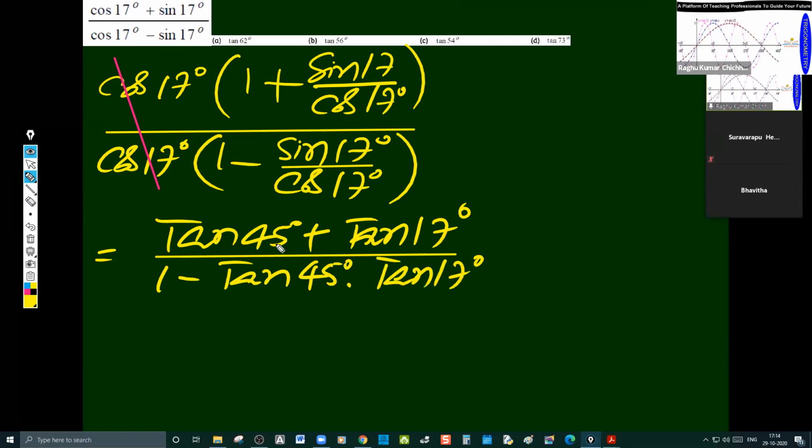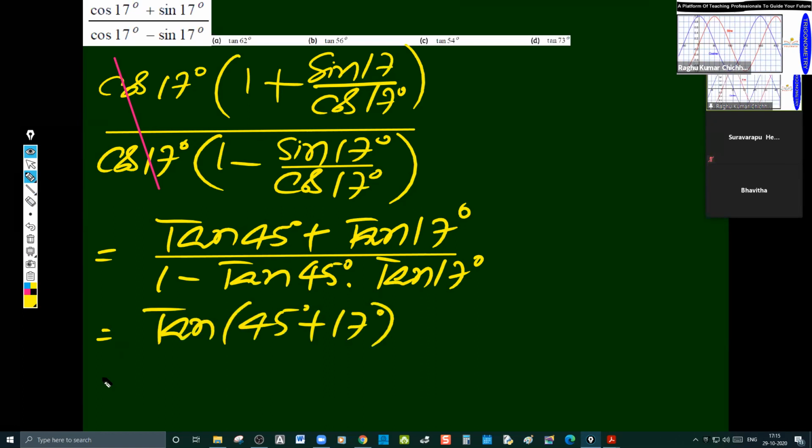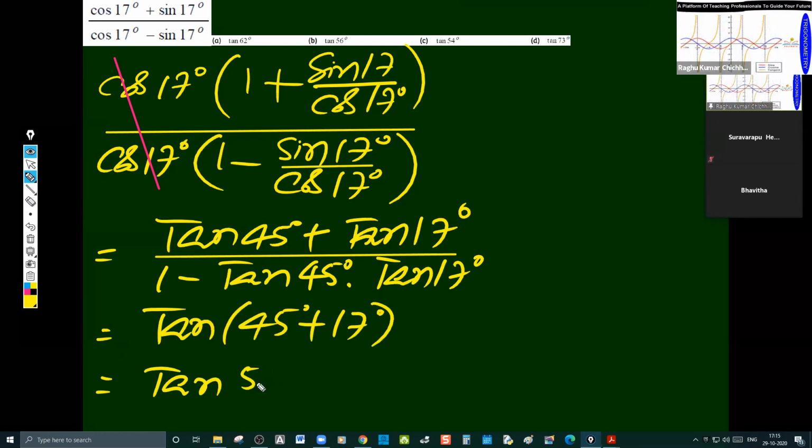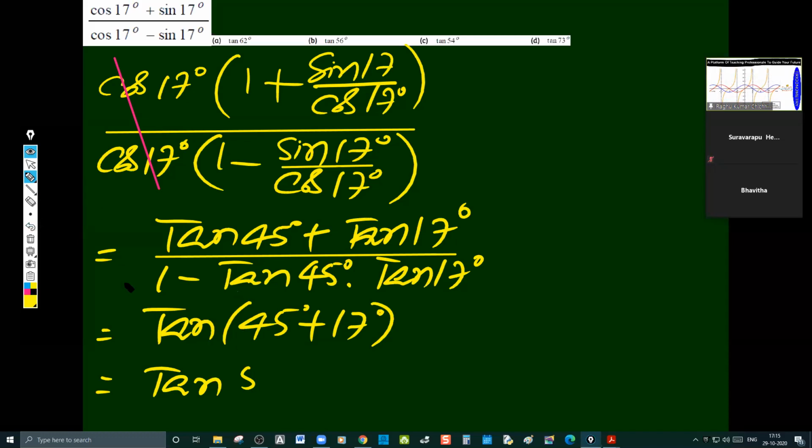It will be in the form of tan A plus tan B by 1 minus tan A tan B, which is tan of A plus B. What should it be then? Tan of 45 plus 17, how much is it? 62 degrees.